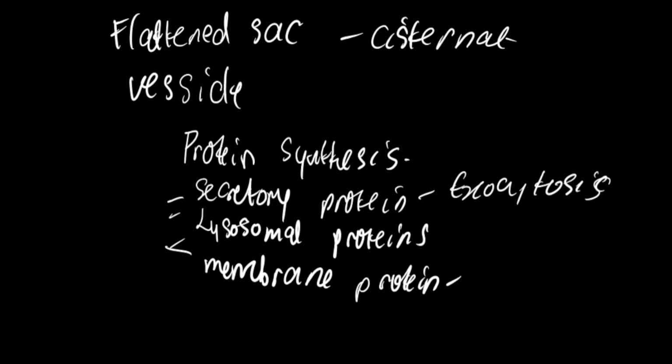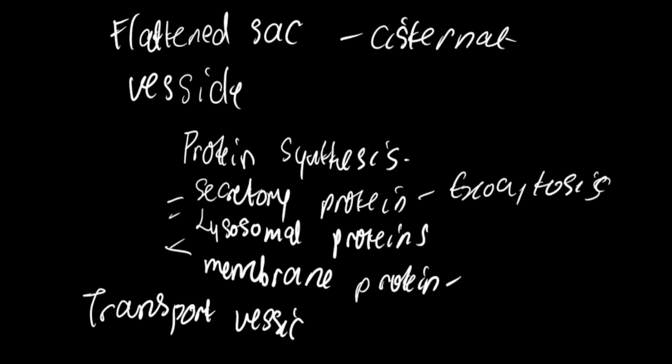Now, when these proteins are produced by the rough endoplasmic reticulum, they are transported via transport vesicles. Okay, so transport vesicles transport these proteins from the rough endoplasmic reticulum to the Golgi apparatus for packaging. Okay, so the Golgi apparatus functions in packaging of protein or protein packaging.